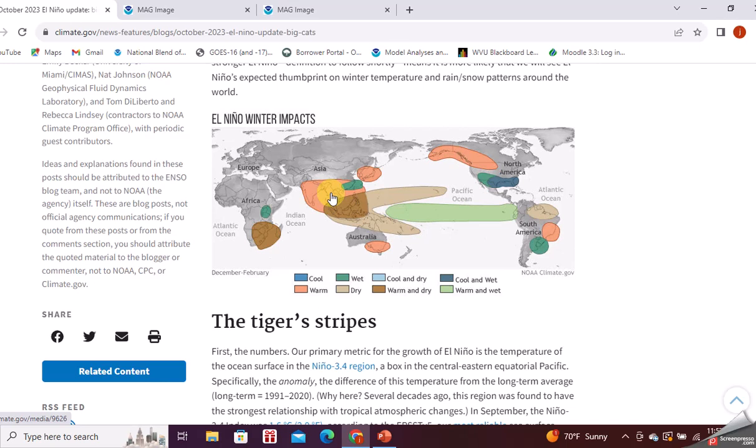I have seen El Ninos where we can hardly get any Arctic air or any Canadian air into the United States, and we wind up staying mild all winter, but maybe with a lot of rain. And sometimes there are other years where the exact opposite happens, in the sense that cold air does seep in, and we wind up with tremendous snowfalls instead. So it'll be interesting to see how this plays out this year.